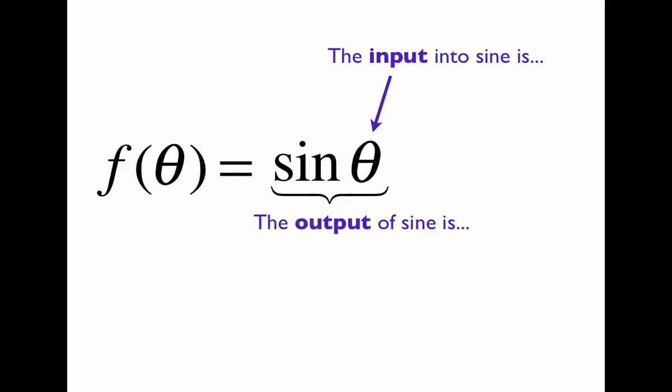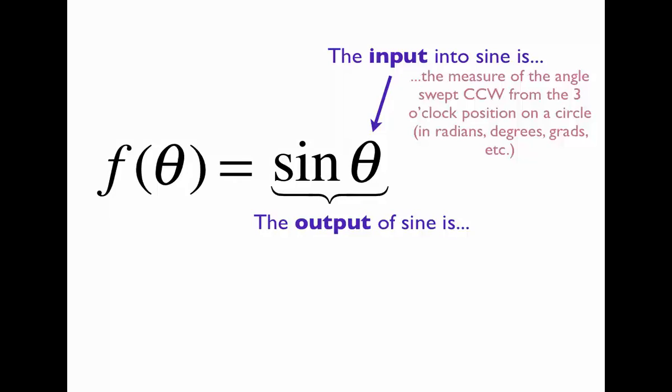That's a distance measure. So actually, the input into sine can be any angle, anything we measure angles with, as long as your calculator knows, if you're using a calculator, or you know in the context which unit of angle you're using. It could be degrees, radians, grads, sparkies, whatever, anything we make up.